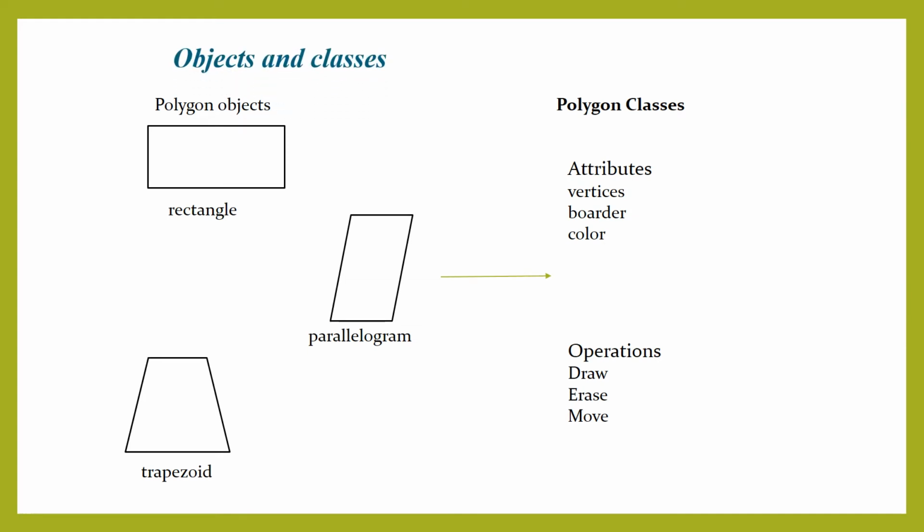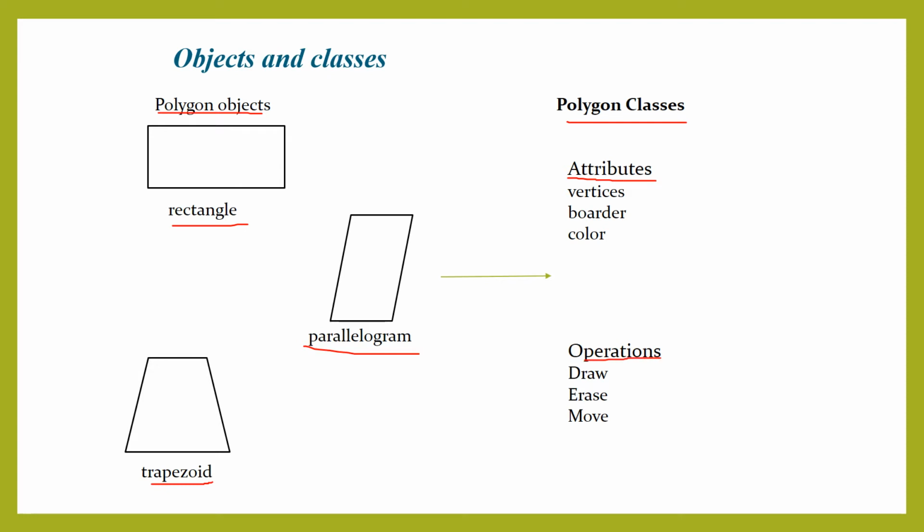See how the objects and the class can be related. Here I have some polygon objects like a rectangle, parallelogram and trapezoid. Under the classes I have created attributes and operations.